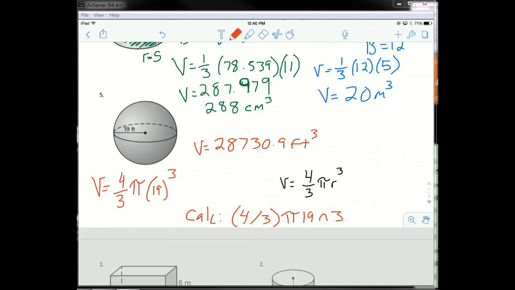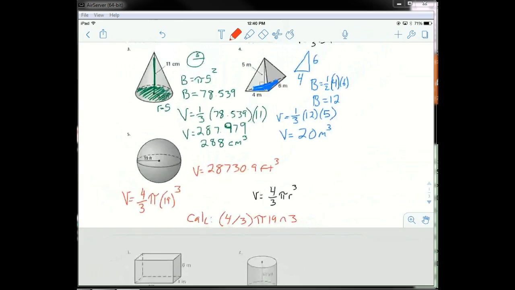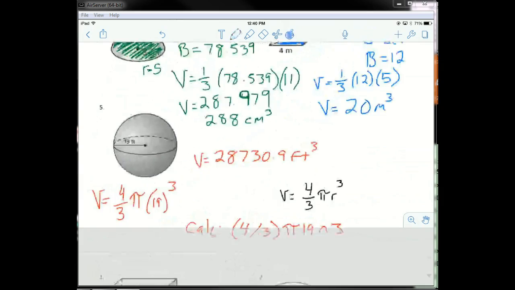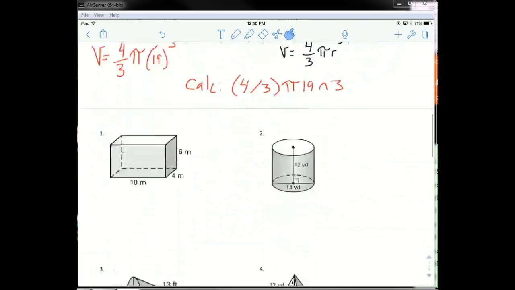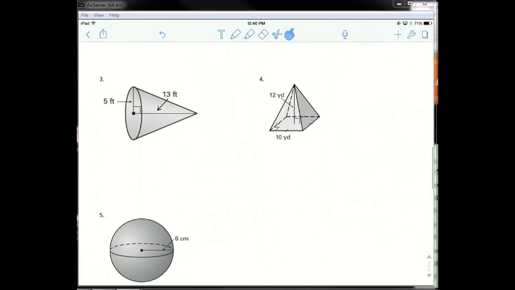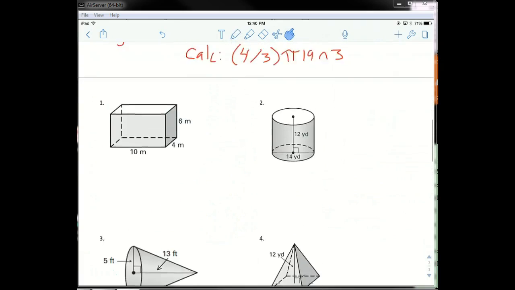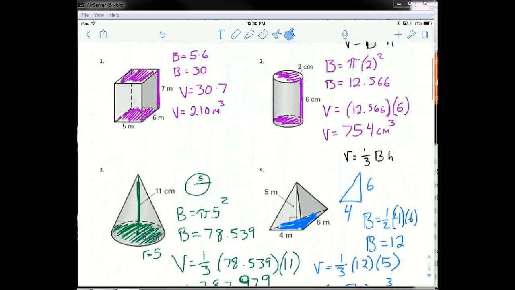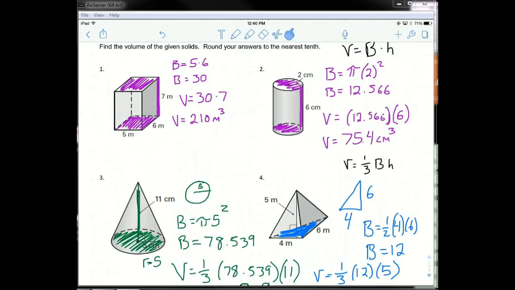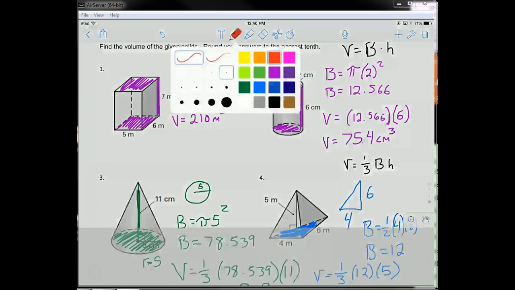Alright, so there are 5 more examples on the next page. If you turn your retake ticket over, just be careful again to identify the base. I like to highlight or shade in the base, as you can see looking back through the notes here, and using the right formula.